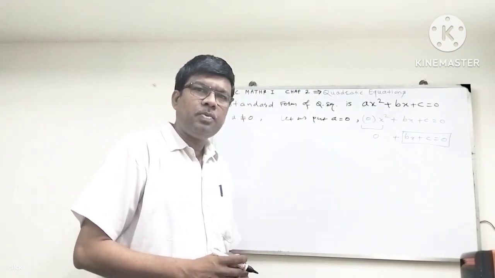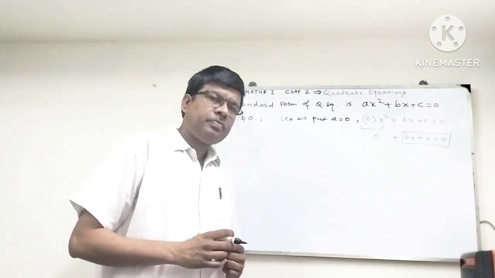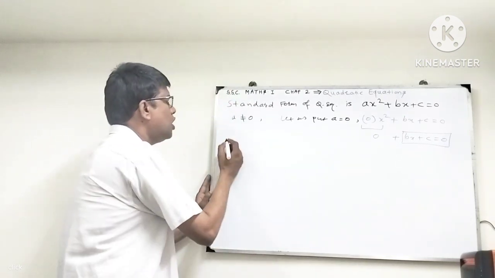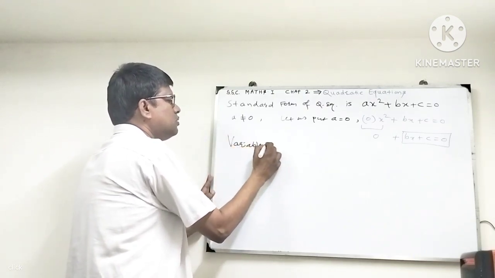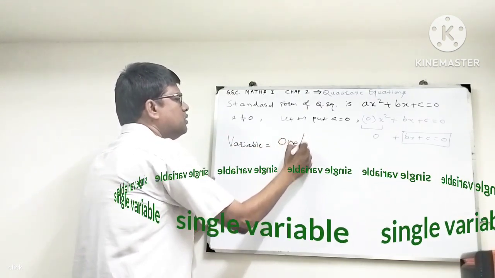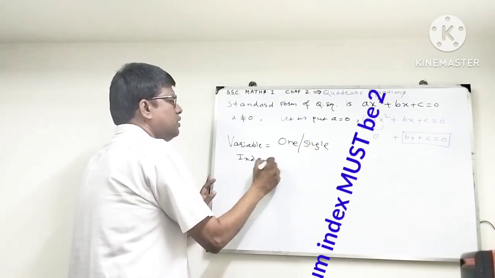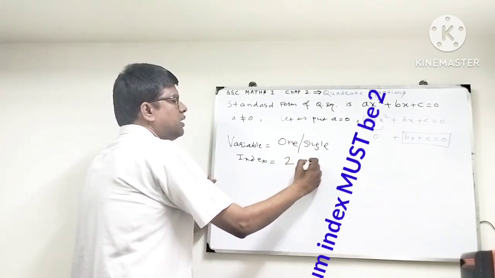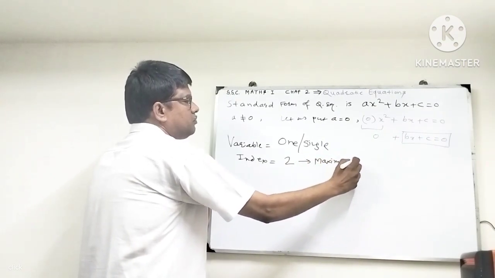How to certify these equations is very simple. You have to check whether the variable is one variable or single variable, and the index must be 2. That index 2 is a maximum index.